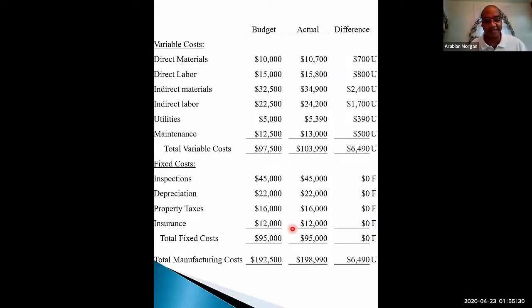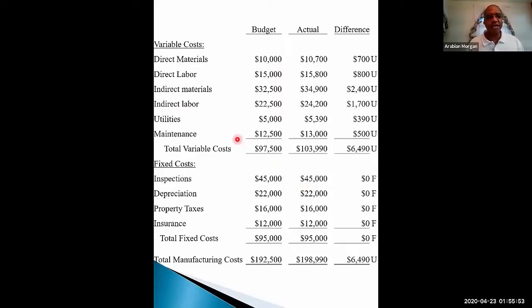That's not the case. You could have a fixed cost that's actually rent expense, and you didn't plan on having the landlord increase the rent on the business. So that would represent an actual difference from the budgeted amount of your fixed costs.